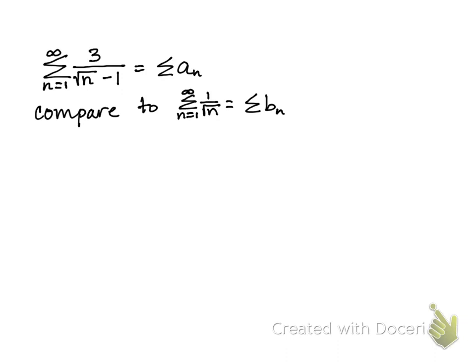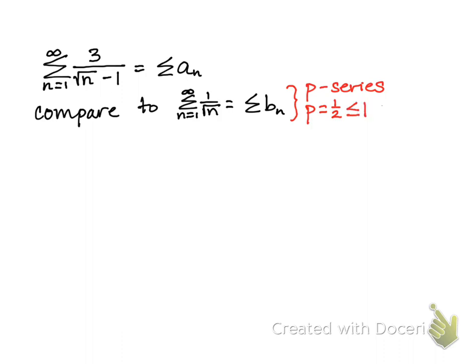Okay, so we know that for this series that I'm comparing to, this is a p series. And in this p series, I have that p is 1/2, which is less than or equal to 1.